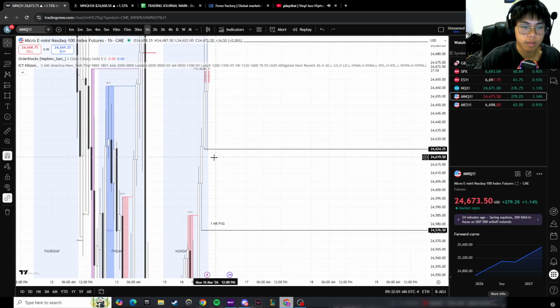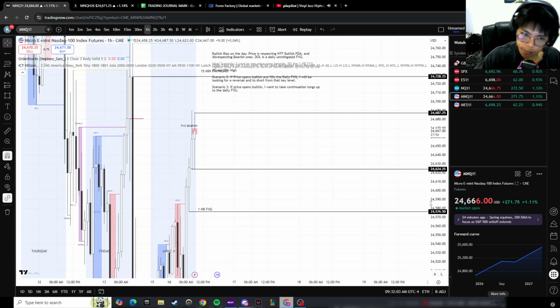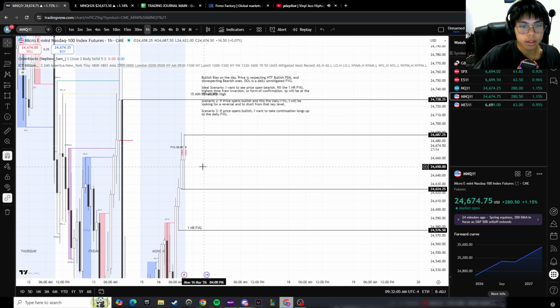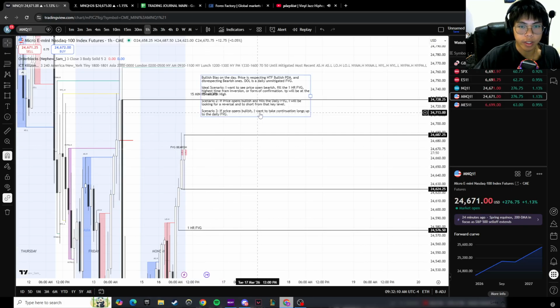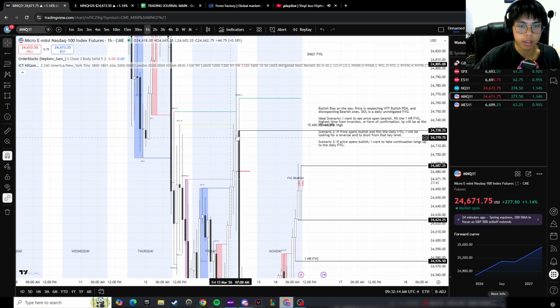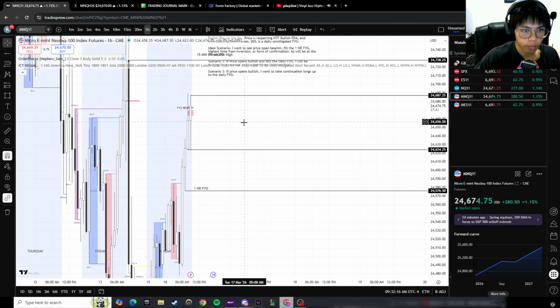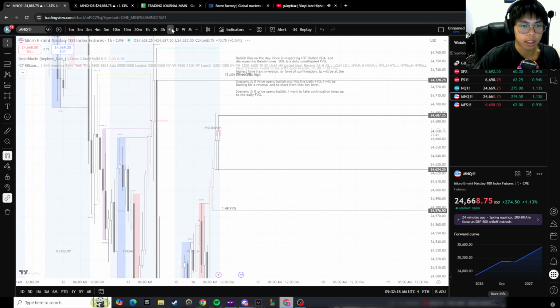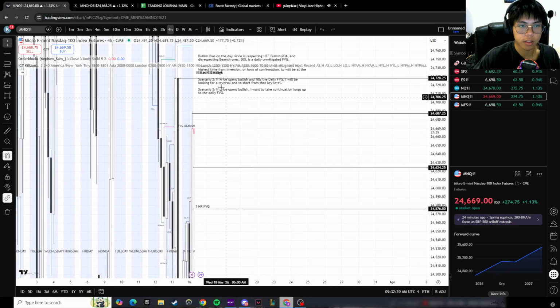Oh, we tapped into this 1 hour. So we're looking at scenario 3 here, continuation longs up to this area right here, because I don't see anything else that price would want to reject off of.